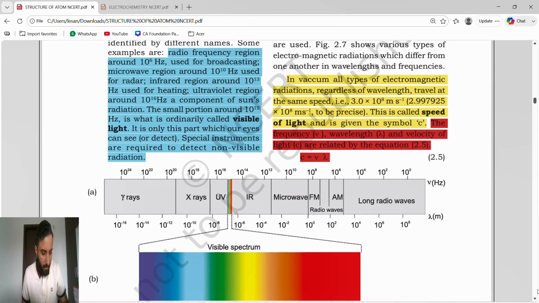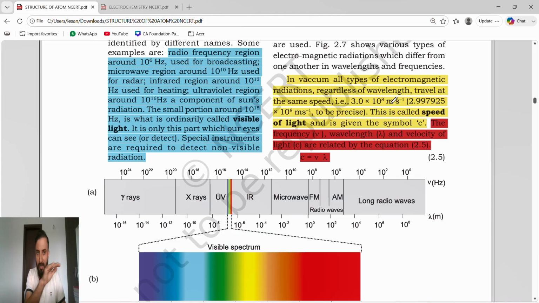Now see here, guys, in vacuum, we know electromagnetic waves do not require any medium to flow, they travel in vacuum. So in vacuum, all types of electromagnetic radiation travel with the same speed, that is 3 into 10 to the power of 8 meter per second. If anything is traveling, we want its speed.